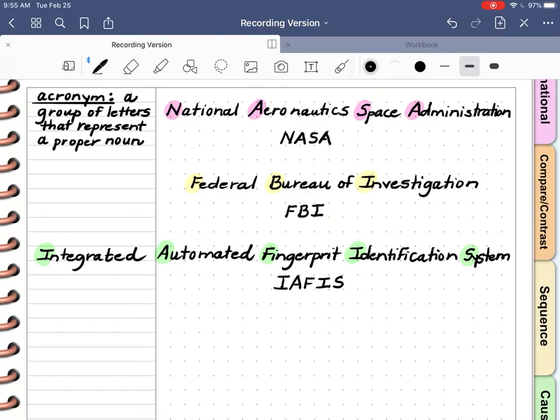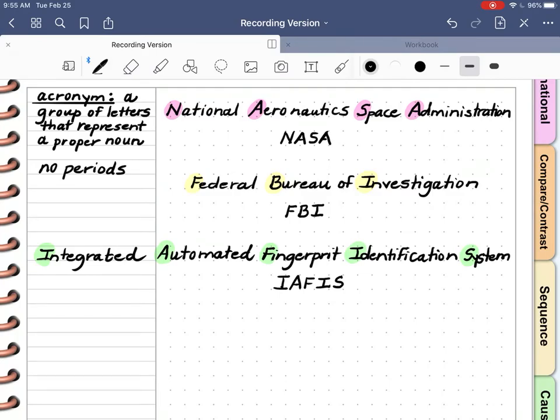So as you add words to these acronyms, they grow into longer acronyms. The thing about the acronyms that is different from initials, these don't need the periods. You don't have to put a period after the letters. Okay? You just put all caps and no periods with acronyms.